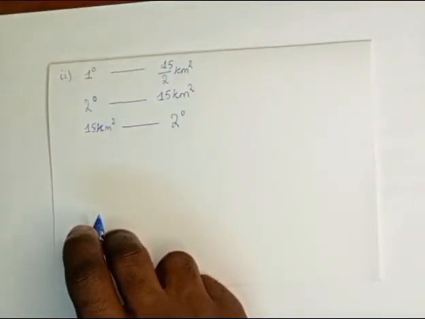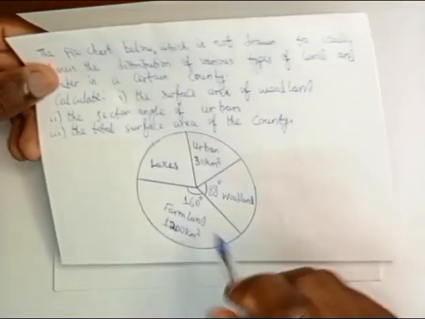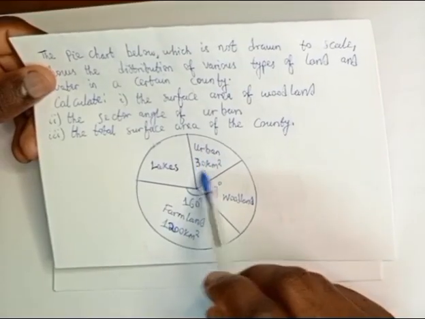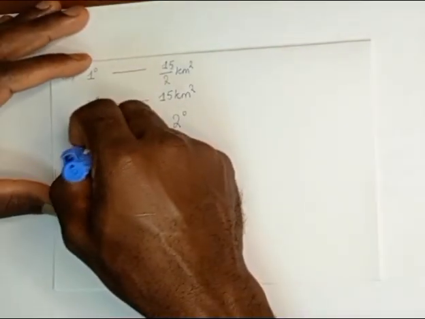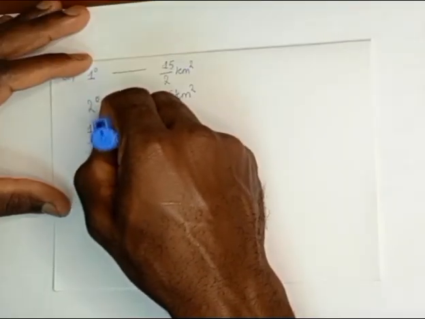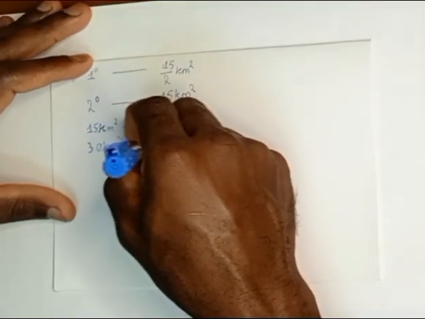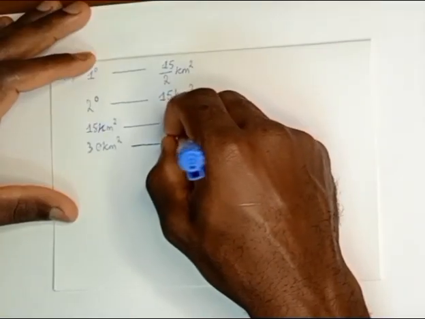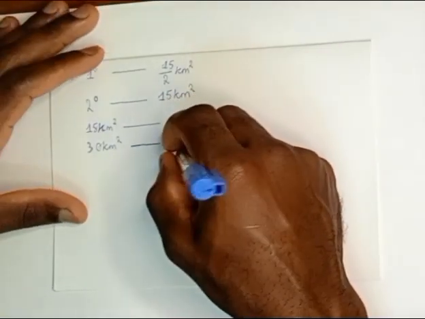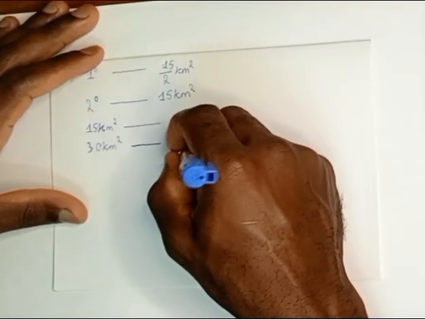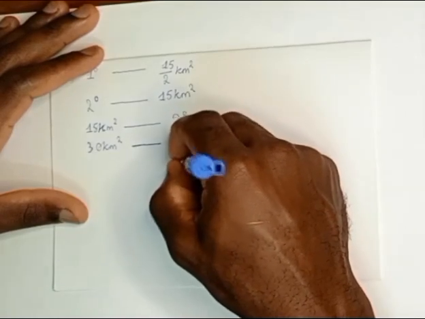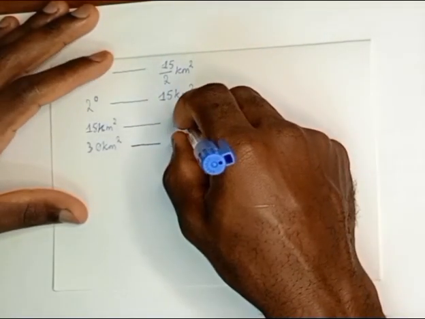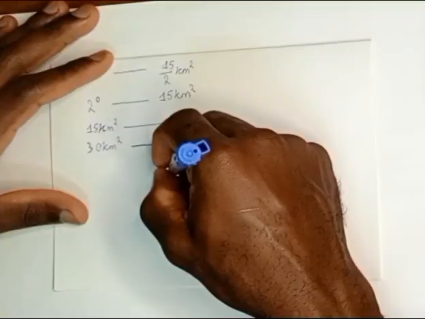Now looking at the pie chart, urban has an area of 30 kilometers squared. 30 kilometers squared will simply be represented by an angle of 30 divided by 15 over 2, in degrees.